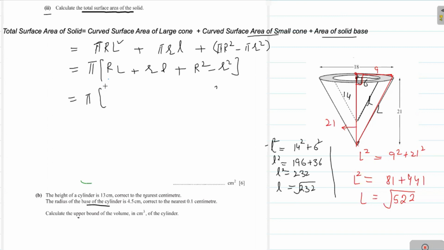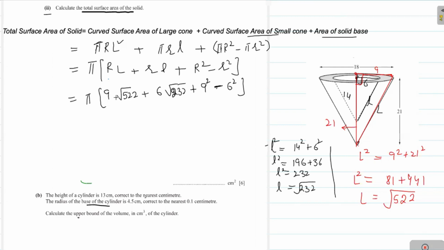Radius of large cone here is 9. The slant length of large cone is 522 plus radius of small cone is 6. Slant length here is 232 and radius of large cone is 9 square minus radius of small cone is 6 square.